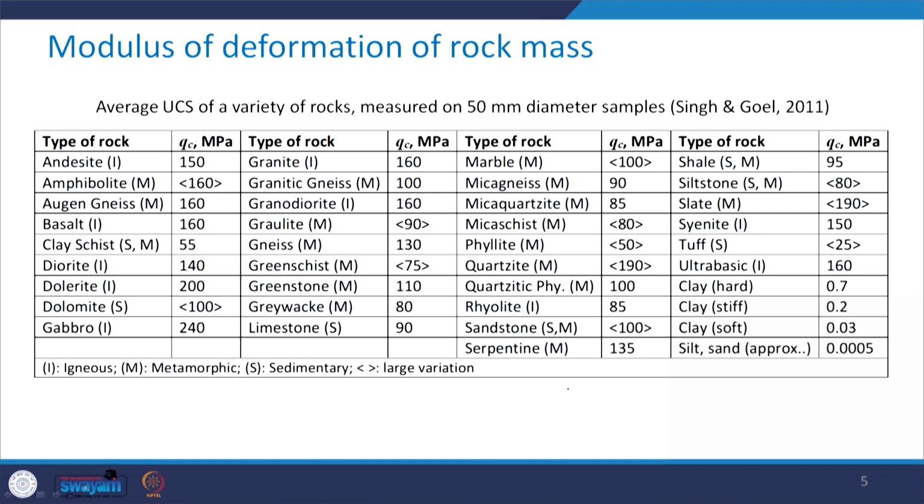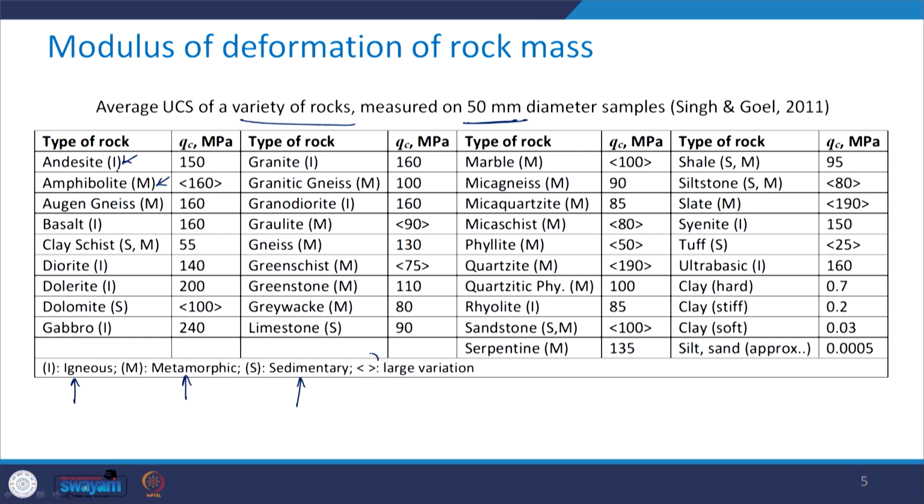Coming to the average UCS, because this is used in many of the expressions earlier. This average UCS value for a variety of rocks, which is measured on 50 mm diameter samples, is mentioned here. You are seeing some alphabets in the brackets. For example, you see here I is written, this is M. So this corresponds to I as igneous, M as metamorphic, and S as sedimentary.